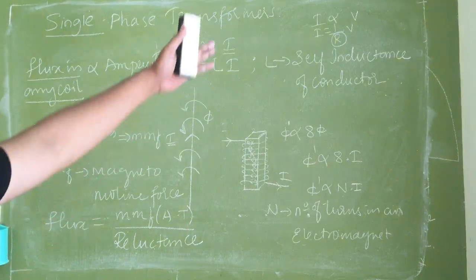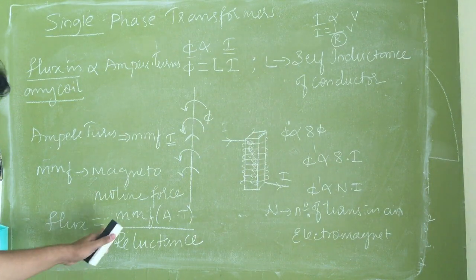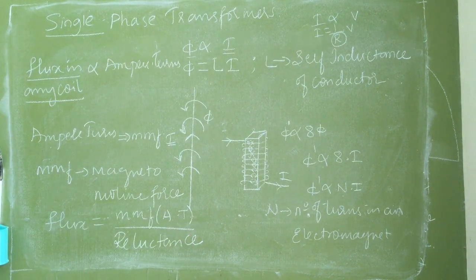Now compare I equal to V by R, flux equal to MMF by reluctance.